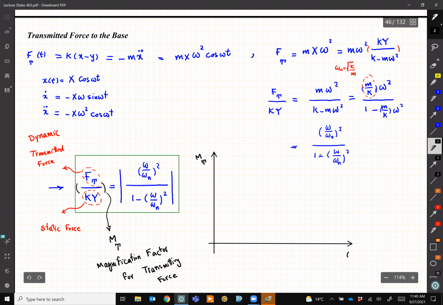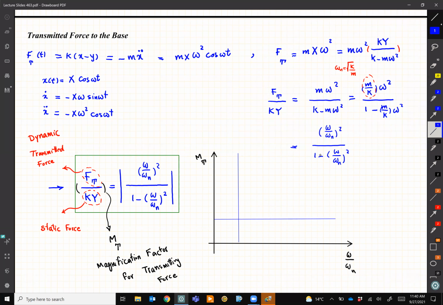And the x-axis is omega over omega n. Now try to plot that thing. So obviously I know that I have this one thing here, where everything goes to infinity because the denominator becomes 0. And when omega over omega n is 0, this time it is not 1, it's 0, right?